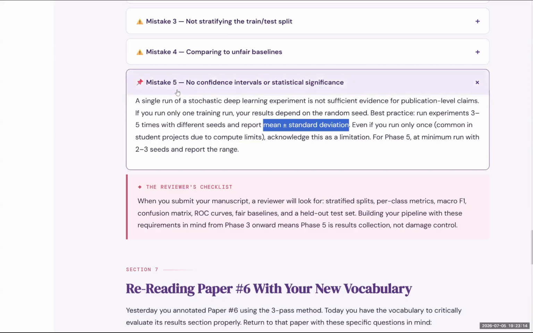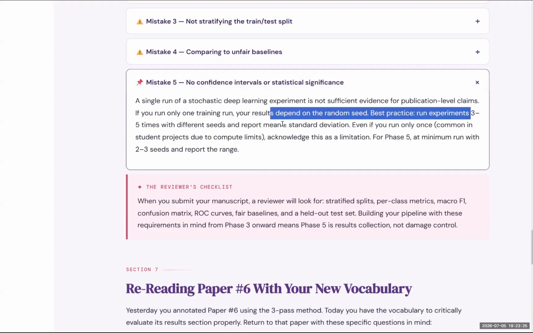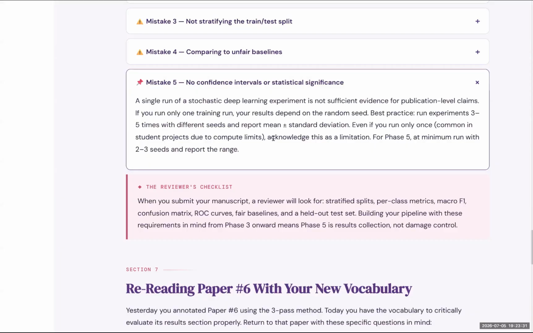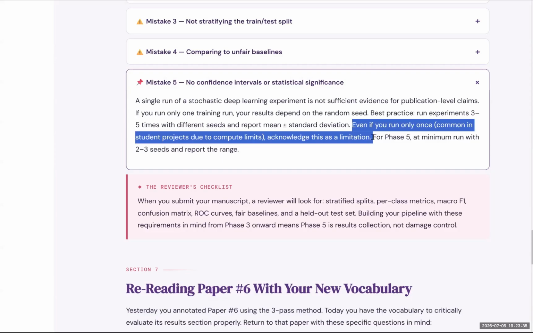You should also have all the evaluation metrics, and run your experiments 3 to 5 times with different seeds, and then compare the results. We'll not be running it once; we'll run it more than once.